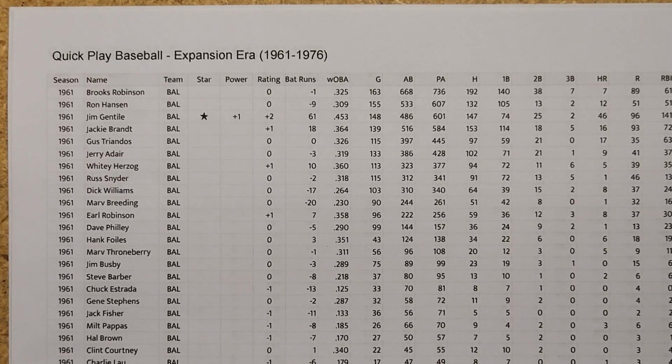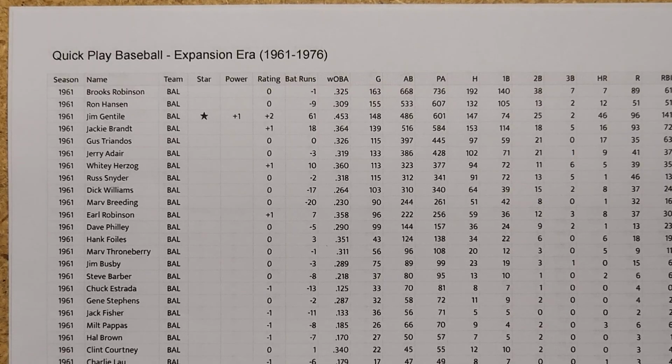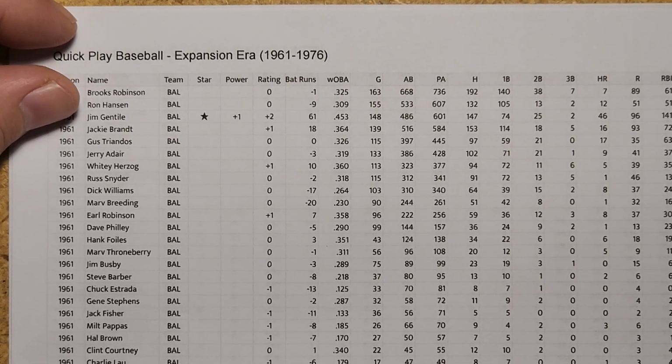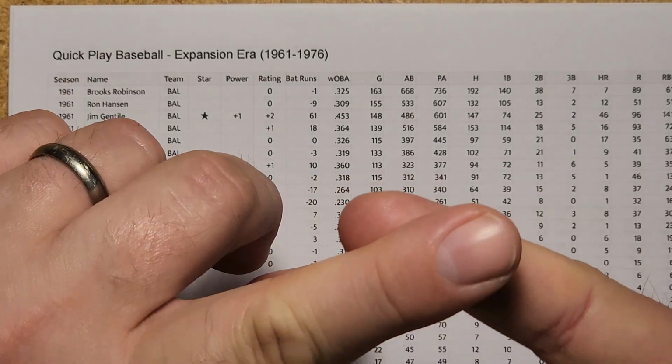It takes into account not only the batter's ability to hit, but his ability to get on base, his ability to hit for power. All of the players that you would expect to have that kind of high WOBA actually have it. I don't have too many examples on here, but you're talking about your Ted Williams of the world.